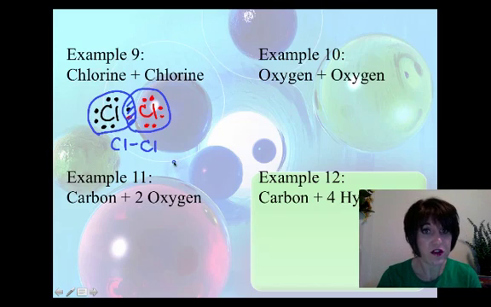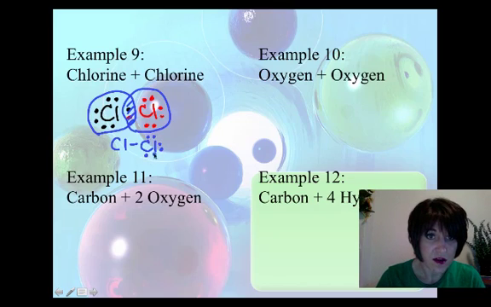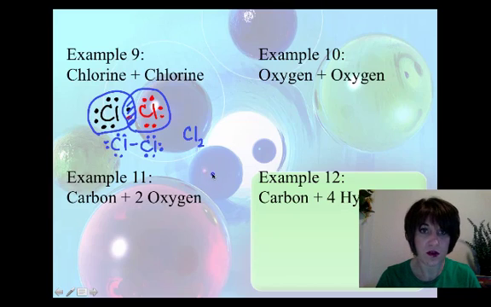So we use a line to show which ones are in the bond, but then we would draw the rest of the unshared electrons as dots because they're still there. They're still around the atoms. They're just not in a bond. So if I can get that dot to stay, there we go. There's our chlorine. And the formula for this is simply Cl2. It's a molecule made up of 2 chlorine atoms.